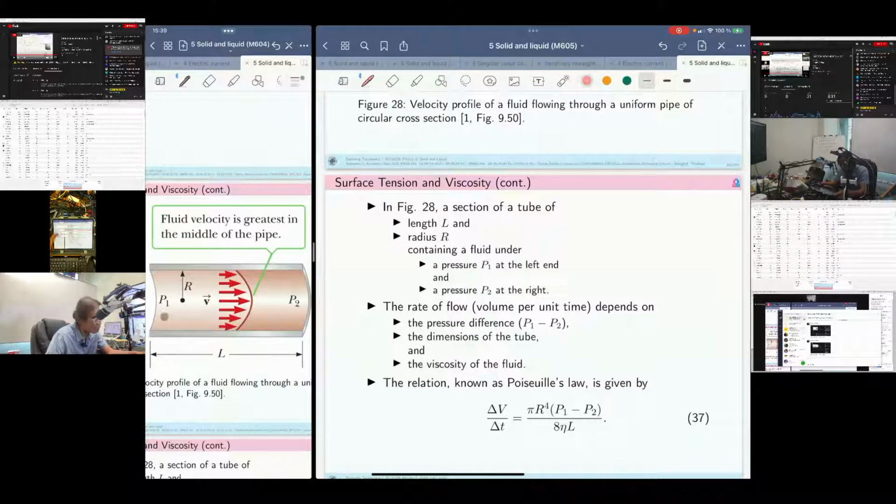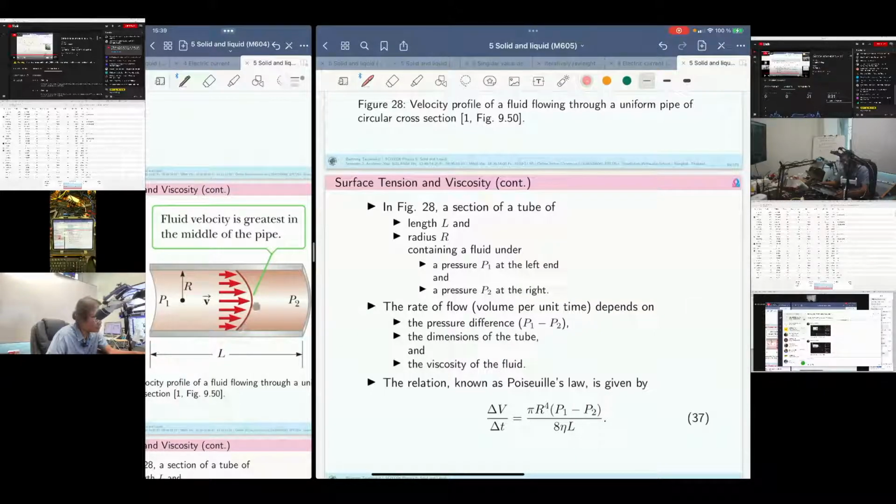If you have a bigger pressure difference, the flow rate is going to be also high. And if you have a long pipe, the flow rate will not be good because there is all the time friction, right? The fluid cannot flow well in a very long pipe.